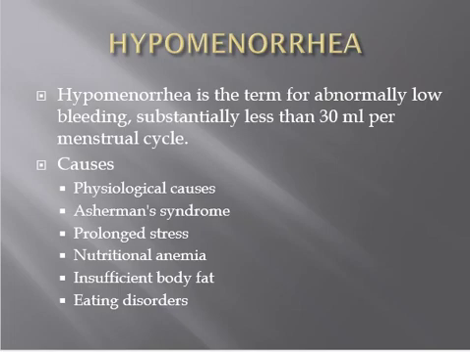What are the causes of this disorder? It can be physiological. It can be due to prolonged stress. It can be caused by some syndromes known as Asherman's syndrome, nutritional anemia, insufficient body fat, and eating disorders.